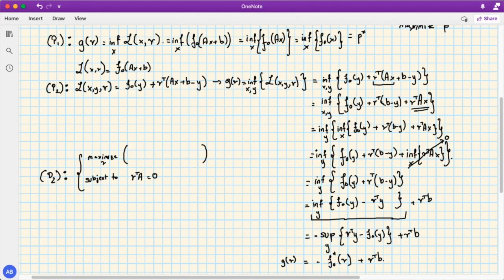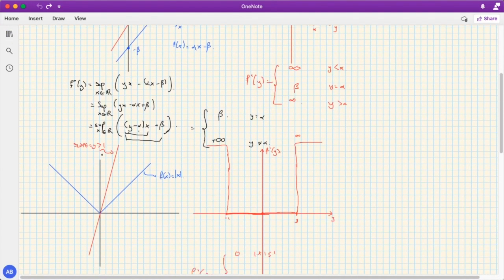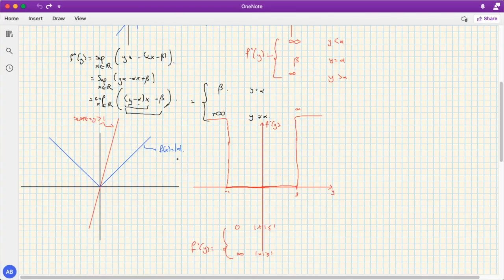And by the way, why do we write it in terms of conjugate functions? Because, depending on the form of f0, you have a corresponding conjugate function. So going back here, we saw some examples, like when f of x is the absolute value of x, this is the associated conjugate function.